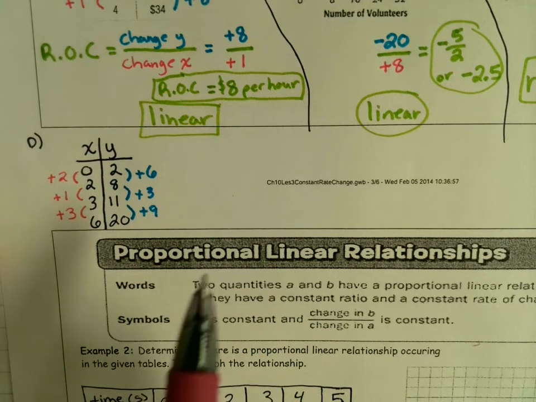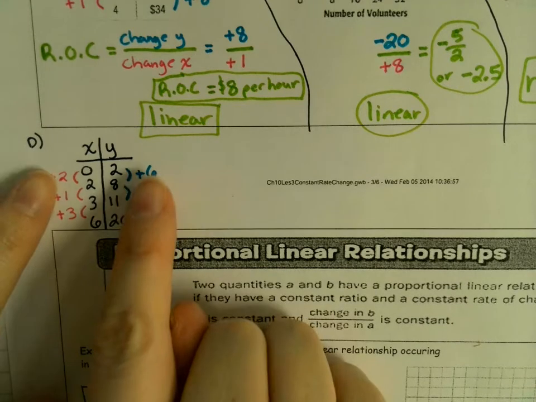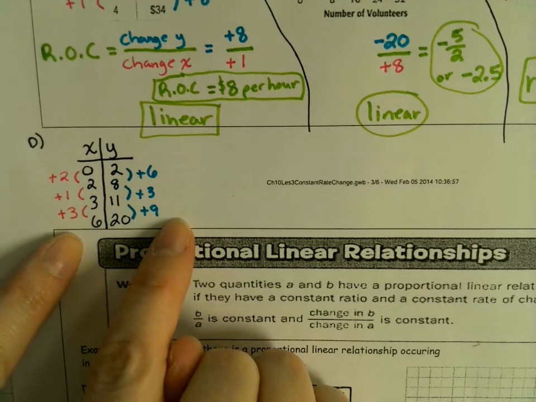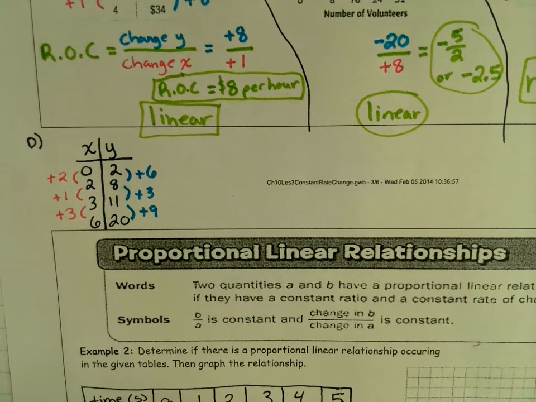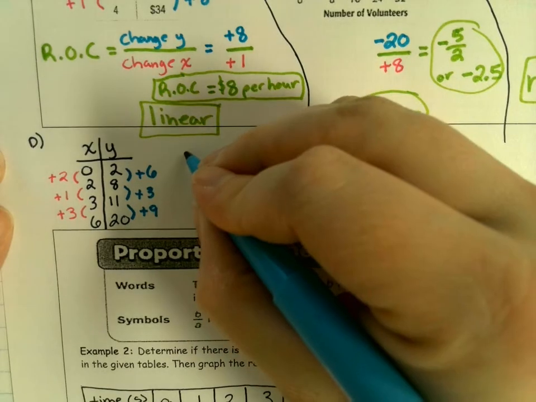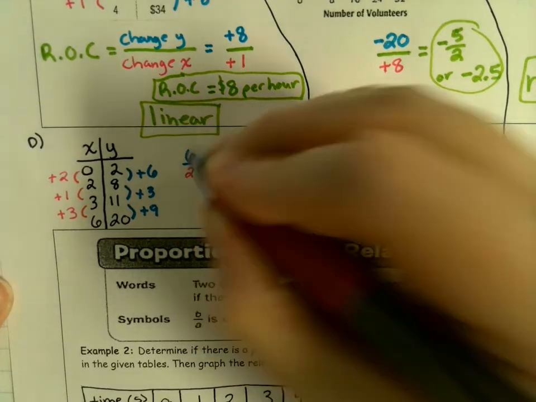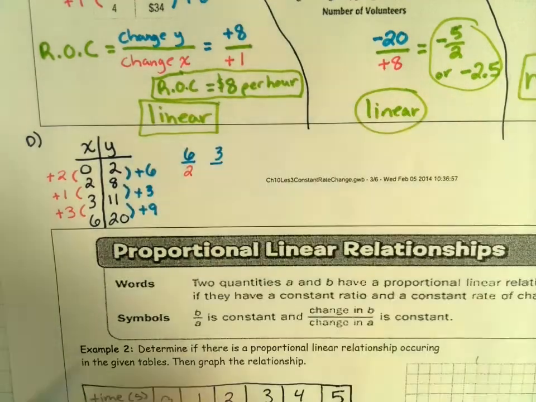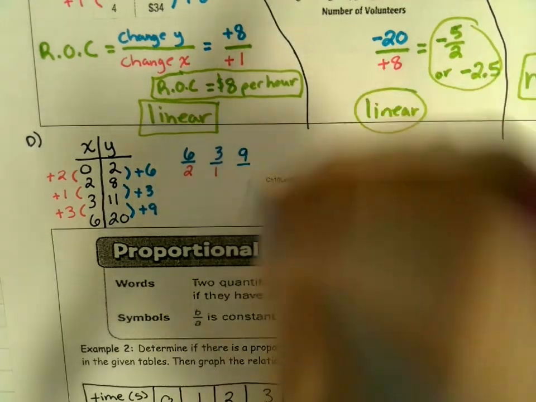So what I must do is check to see if each of these represents the same rate of change, meaning it simplifies or is equivalent to each other. Okay, so I can set this up as 6 over 2, 3 over 1, and 9 over 3.